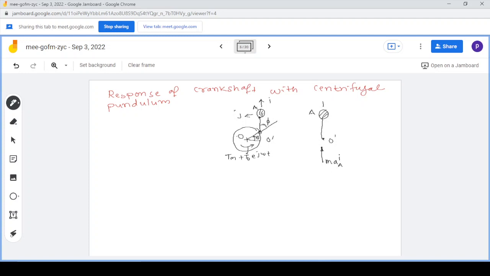And the inertia force acting on this mass A is neutralizing it.